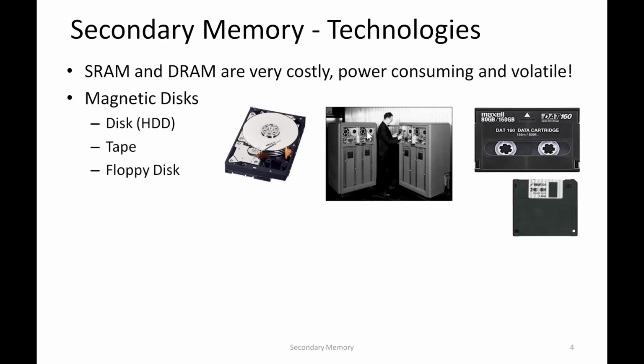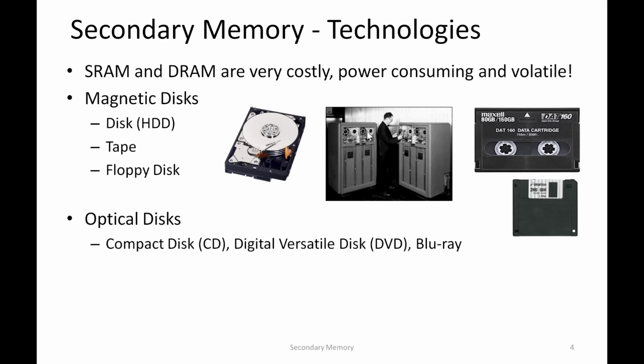After that, we have again magnetic technology based floppy disk, but their capacity is quite limited, probably 2 MB to 4 MB only. Another technology is optical disk. Many of you might be aware of this already. We have CDs, DVDs, and Blu-ray with increasing capacity and price.